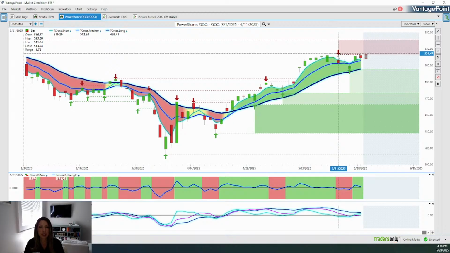Now, I know that because VantagePoint points it out with this wonderful red arrow here, so it's hard to miss that we had a resistance level established right here on 521. So what we see here then is a jump and a test of a resistance, a failure, and then coming back up to retest that resistance as well.